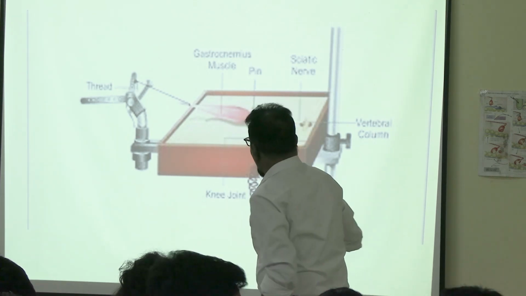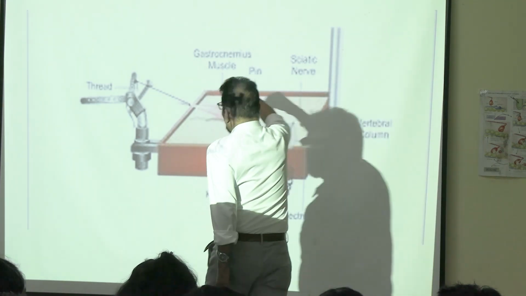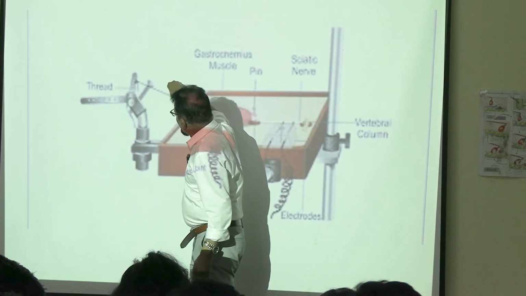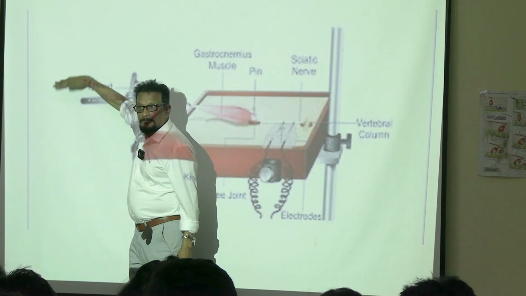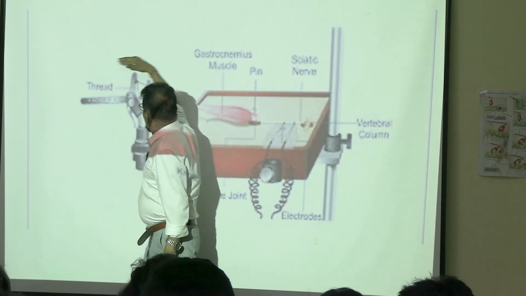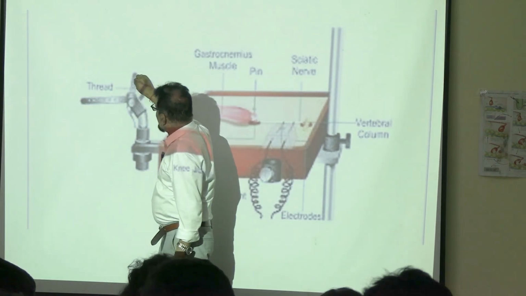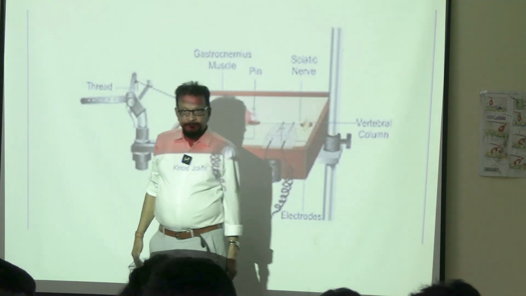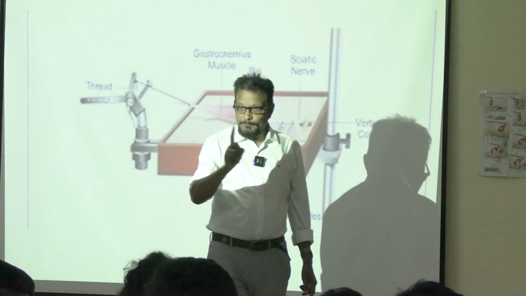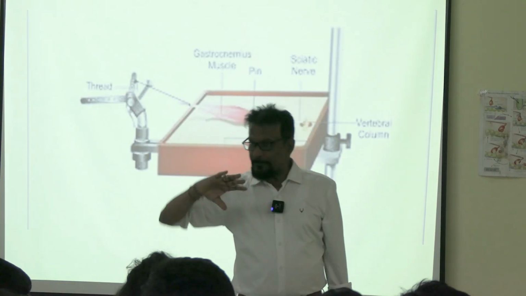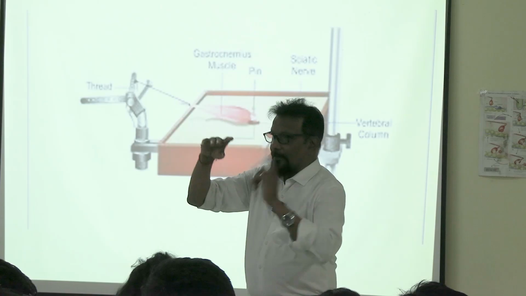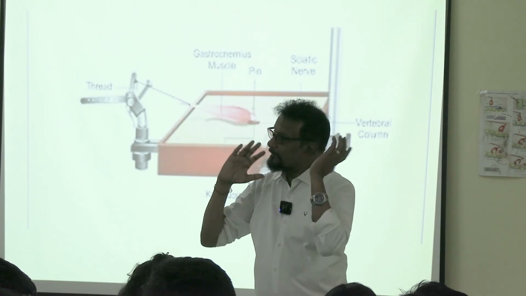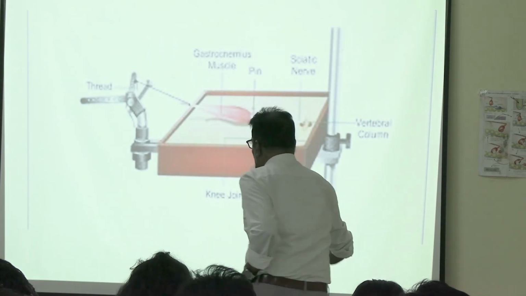Okay, so now you see, if I pull it this way, what will happen to this? This arm will go up. If I release it, this will come down. And if the drum is moving, this up and down can be recorded on a moving drum. So this is what?